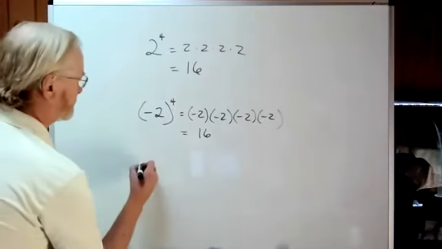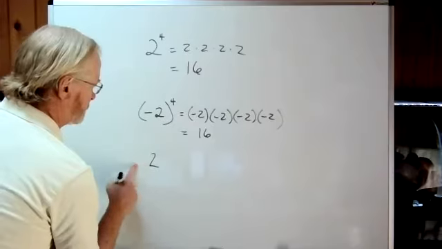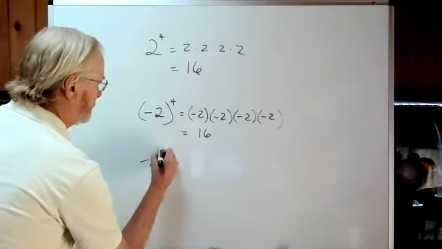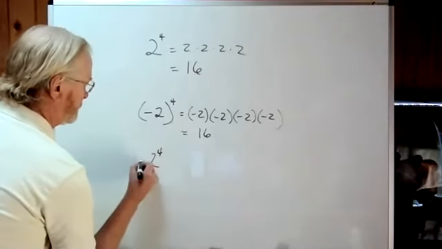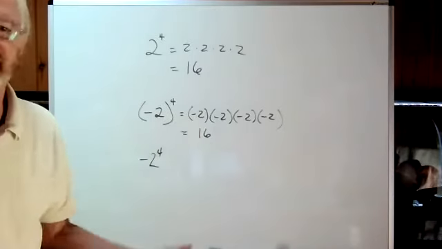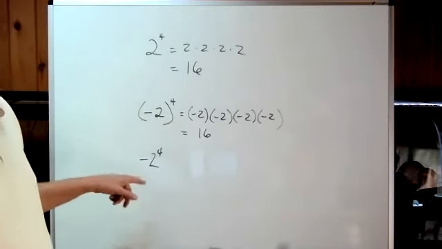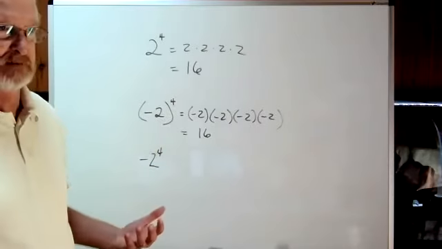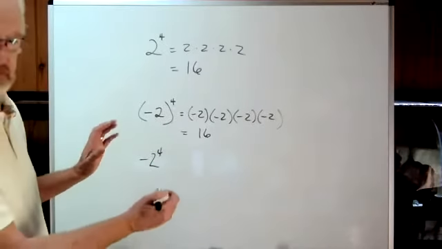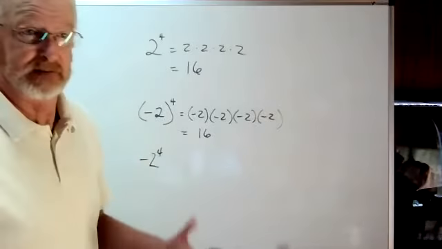What if I do this? -2 to the 4th. This is the tricky little spot in this section. Notice the difference. That negative sign is not inside parentheses. It's outside the base.